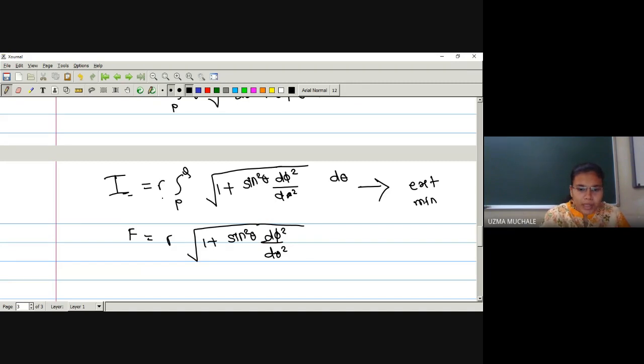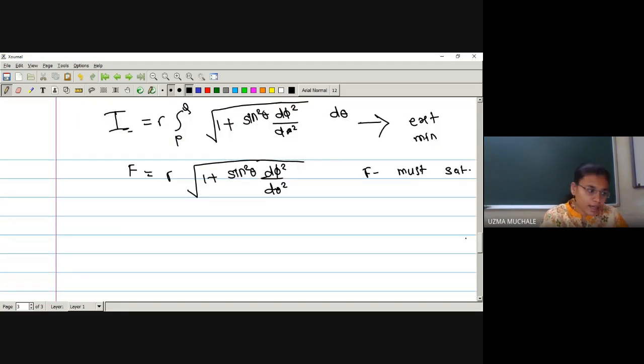So for I to be extremum, f must satisfy Euler-Lagrange's equation, right? F must satisfy Euler-Lagrange's equation. Now, in this case, Euler-Lagrange's equation will not be the same as in the case of x and y. So, what will be the change?